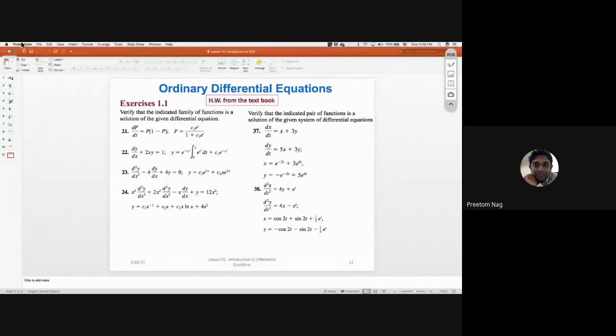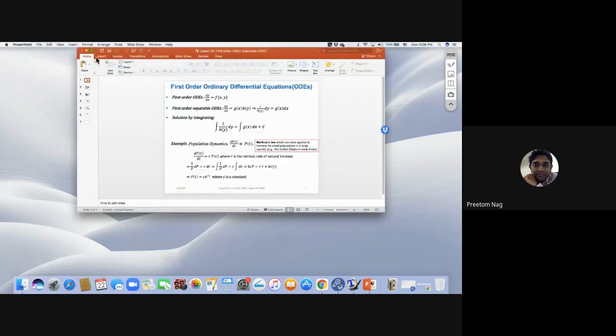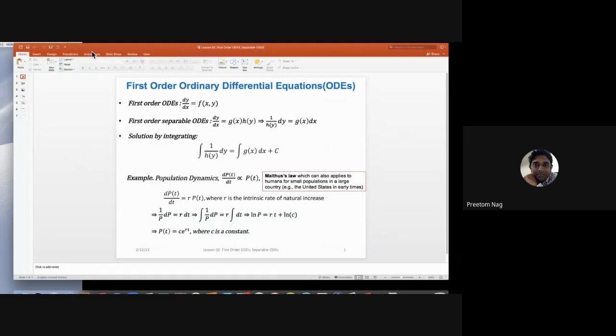So let's close this one. So we'll start finding the solution from the first order ODE.